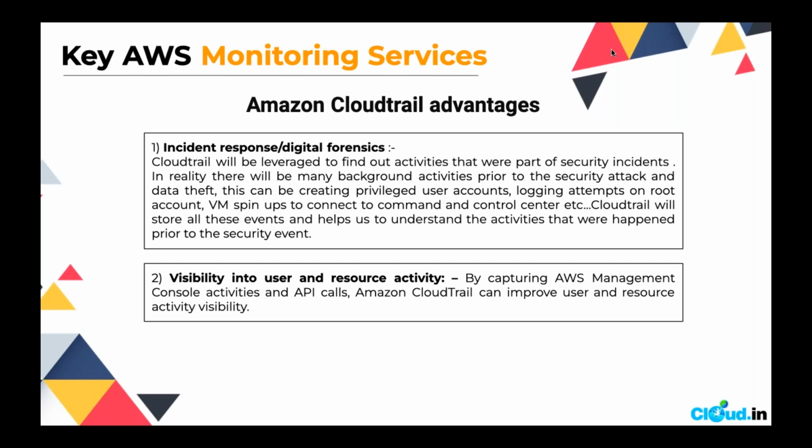Some of you might be confused between CloudWatch and CloudTrail, so I'll make it clear. They are very easy to confuse. Both are monitoring services responsible for collecting and analyzing.